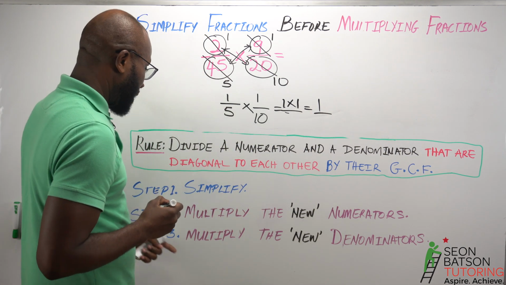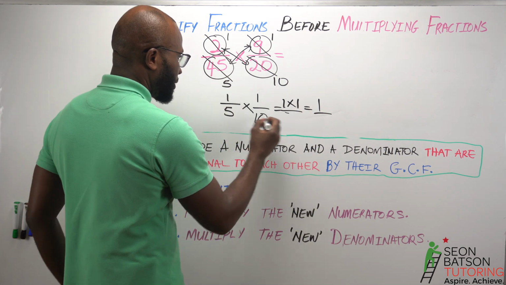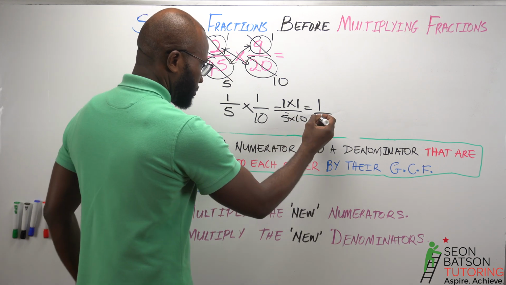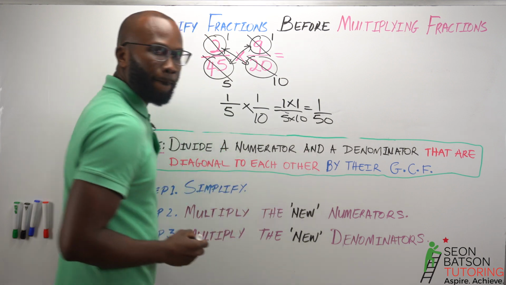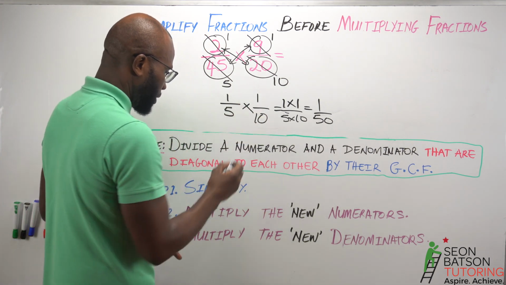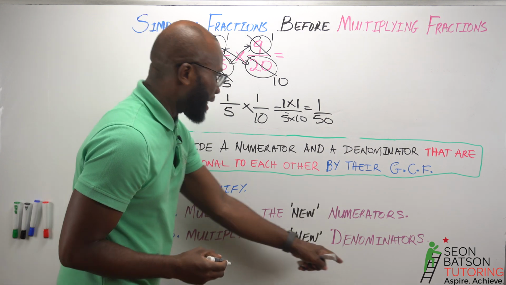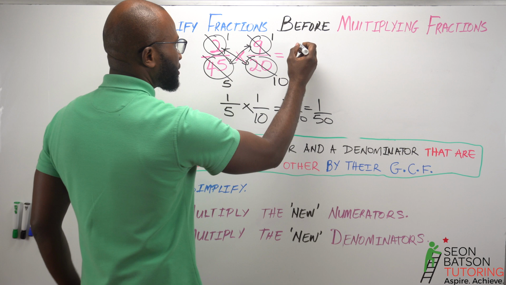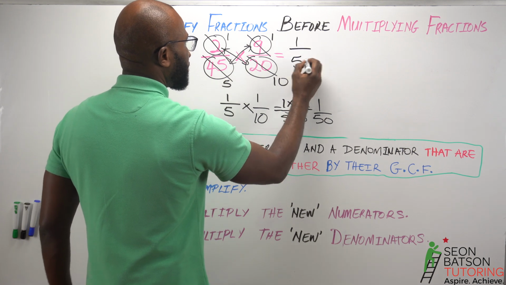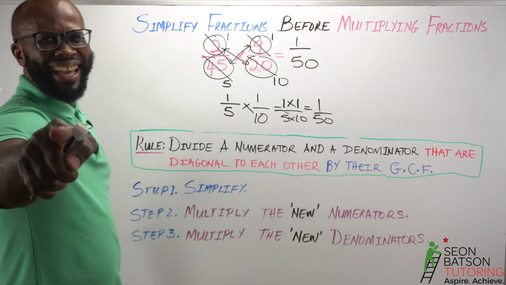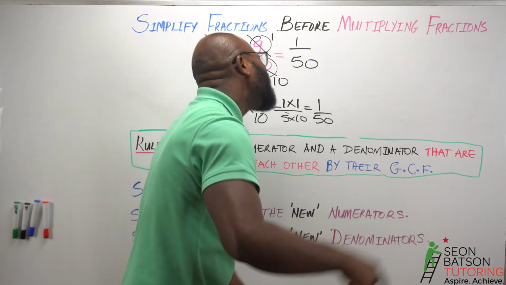And then we will multiply the new denominators. 5 times 10 is 50. So our final answer is 1 over 50. Did you get 1 over 50 yet? Come on!